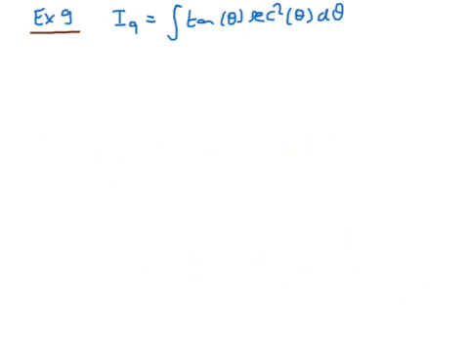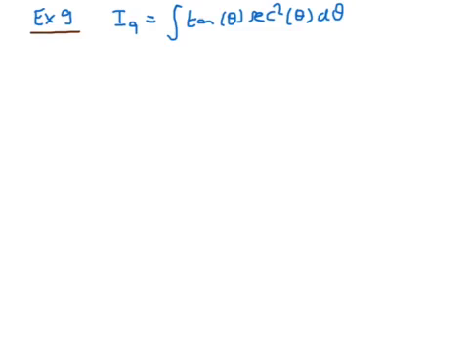So the ninth exercise is to integrate the tangent of theta multiplied by sec squared of theta. And for a split second this may look fairly horrible, but then I hope you recognise that sec squared of theta is the derivative of the tangent of theta.